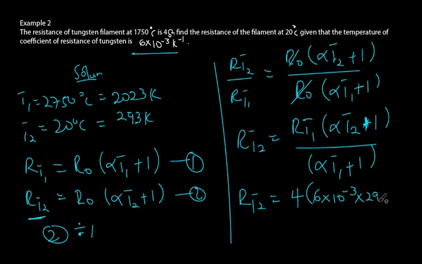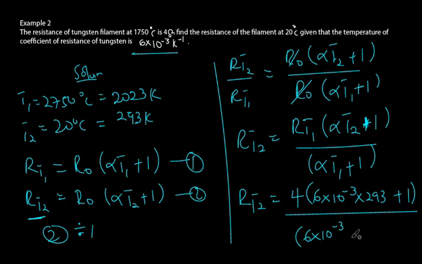So it's 293, plus 1, all divided by 6 times 10 to the power minus 3 times the temperature at this instance, 2023, then plus 1.